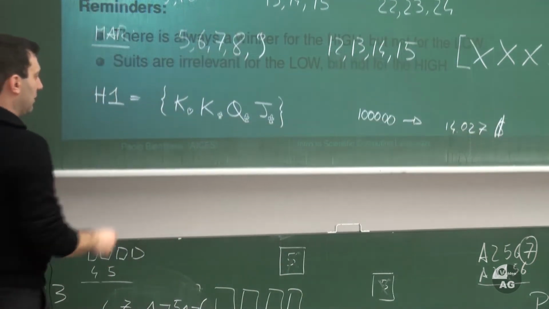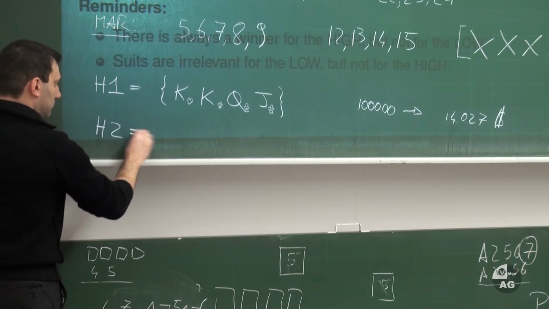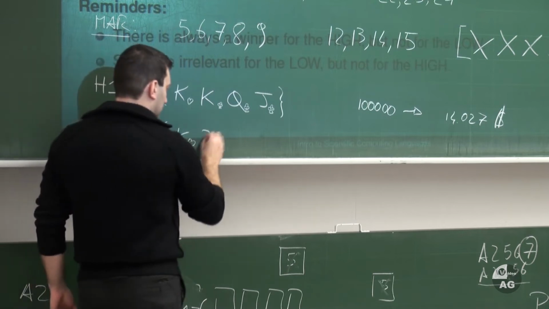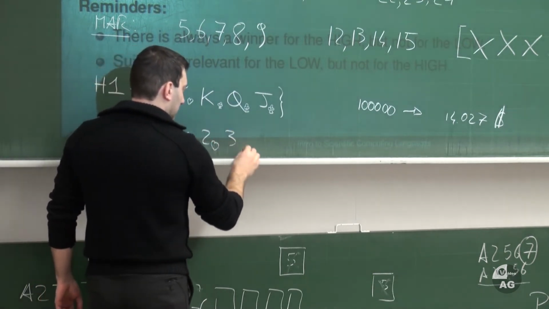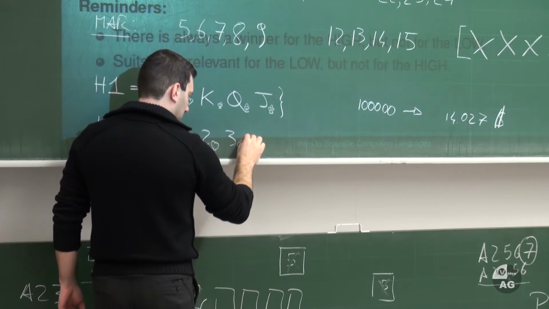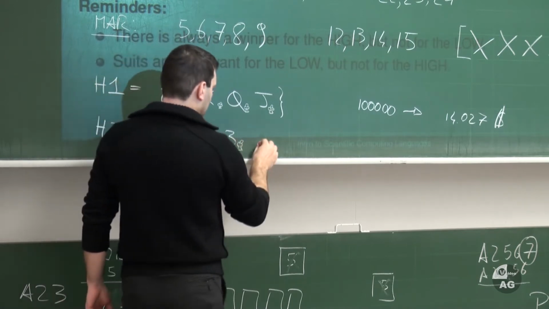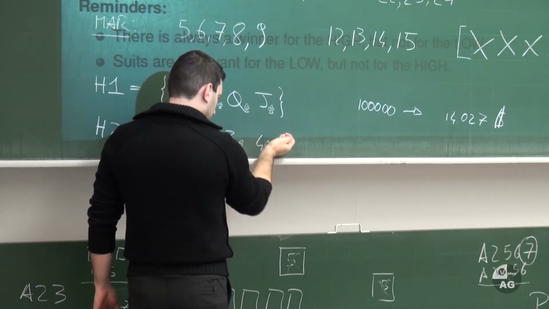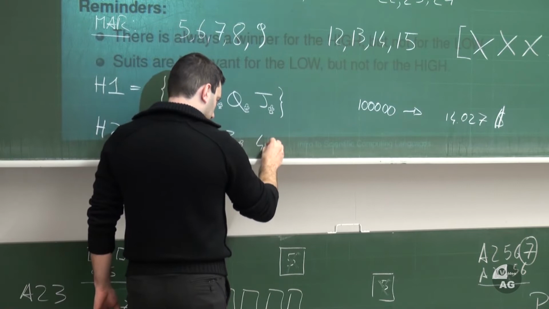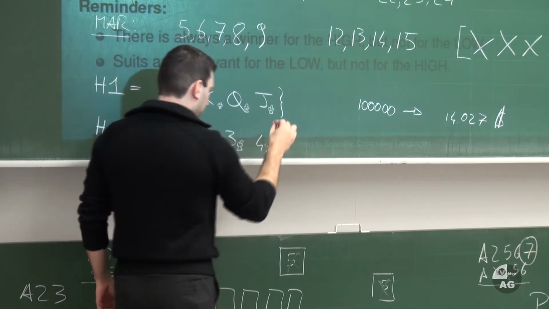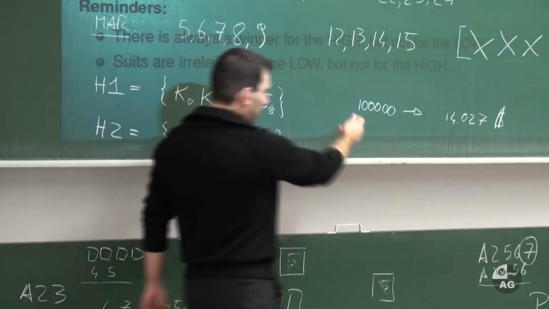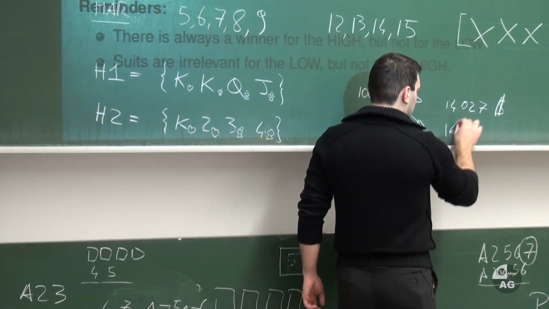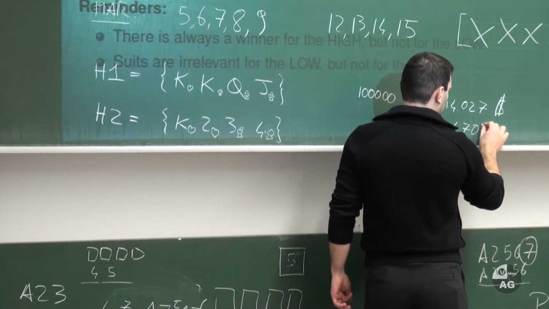All right, now you have hand number 2: king of hearts, 2 of hearts, 3 of clubs, and 4 of spades. You run the same 100,000, and now you end up winning $16,705.